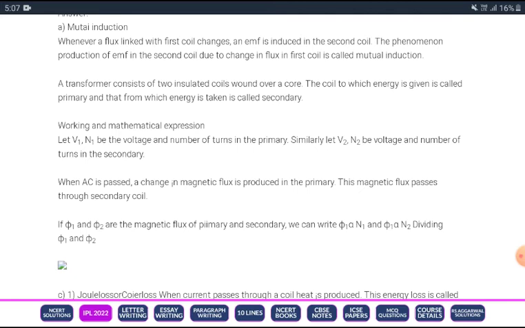Then the magnetic flux passes through the secondary. If phi 1 and phi 2 are the magnetic fluxes of primary and secondary, we can write phi 1 directly proportional to N1 and phi 2 directly proportional to N2, dividing phi 1 by phi 2.